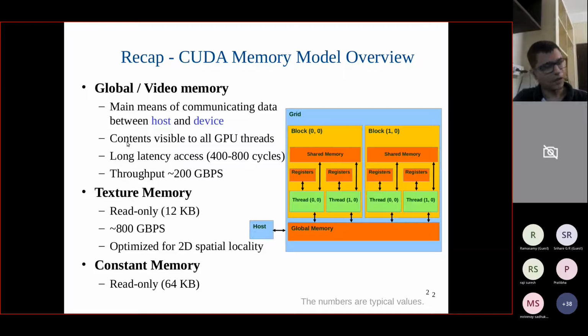Then we also saw what texture and constant memory are. Briefly, I'll reiterate what I said in the previous lecture. Both of these are read-only memories, and their size is very small, 12 KB and 64 KB for texture and constant memory.